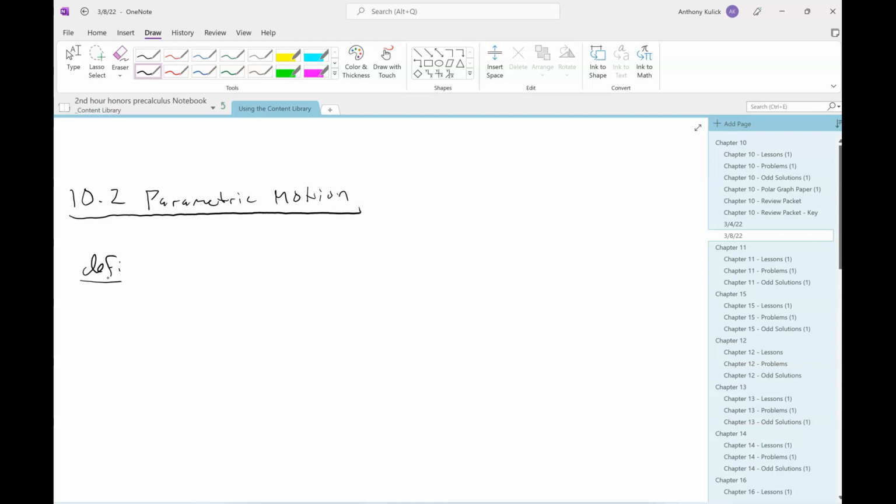All right. So we have two basic equations for motion. We have a position function and we have a velocity function.